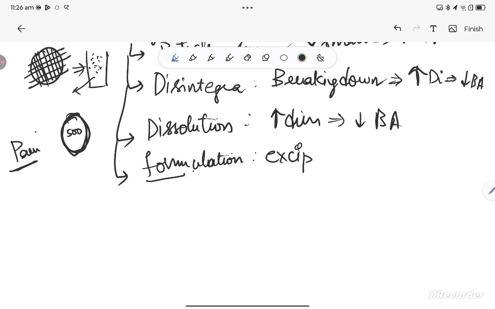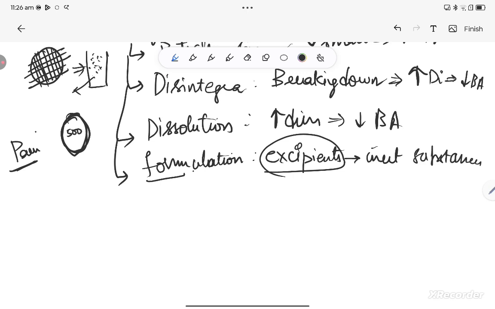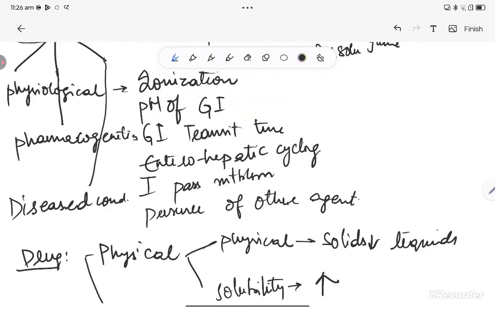These excipients are inert substances. They don't play any role. They increase palatability or something, like very little effect on absorption. Usually, we add calcium or magnesium for majority of the drugs. This is about your drug related factors. So, we have finished this.